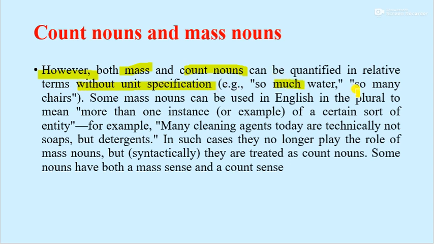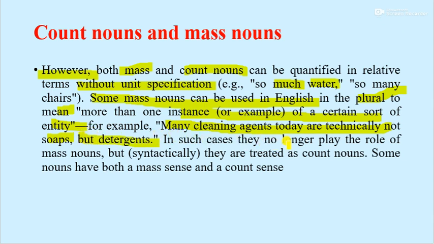However, both mass and count nouns can be quantified in relative terms without unit specification, such as much water or many chairs. Some mass nouns can be used in English in the plural, meaning more than one instance of a certain sort of entity. For example, many cleaning agents today are technically not soaps but detergents.